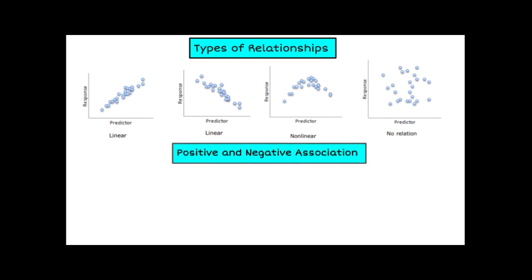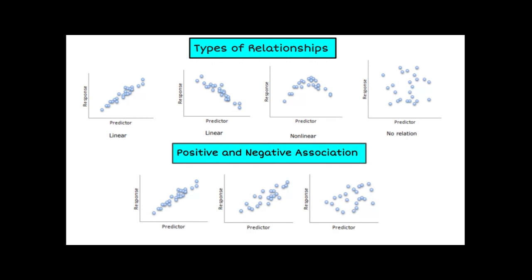So the next thing we need to do is somehow quantify the strength and direction of the relationship between two variables. Here's how we'll describe the direction. The next images will show examples of what scatter plots might look like for two positively associated variables.